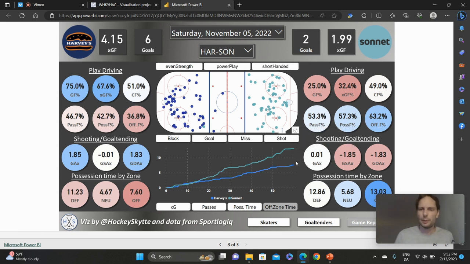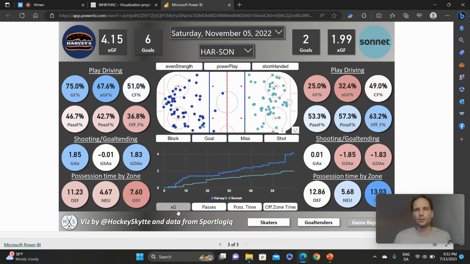The graph at the bottom is, I don't know what to call it. It's a race plot, I guess. The classical one is the XG race: how's the running total of the XG as a function of game time.